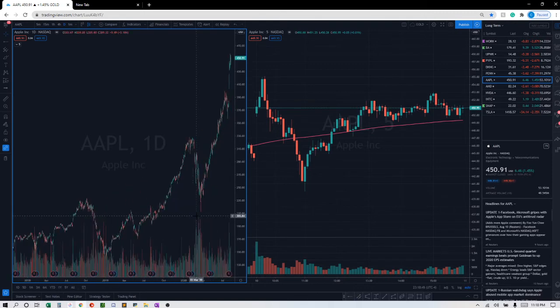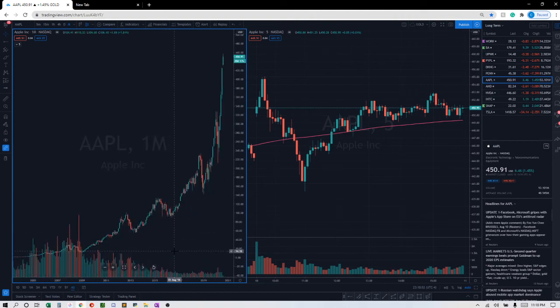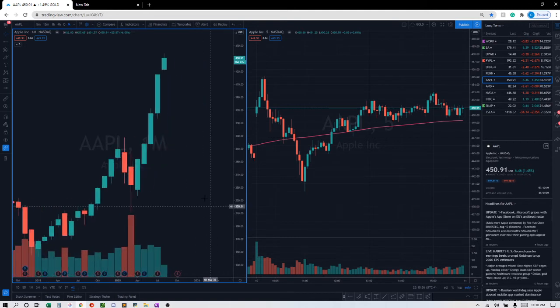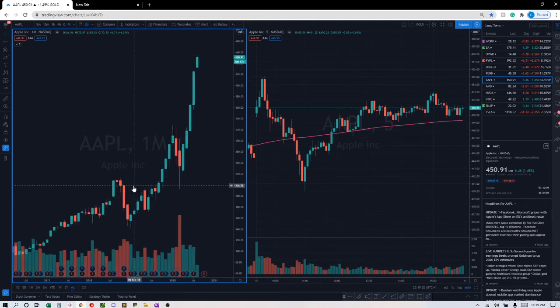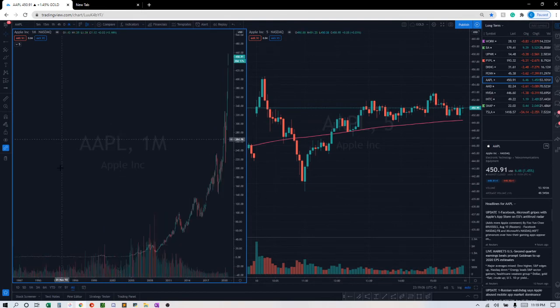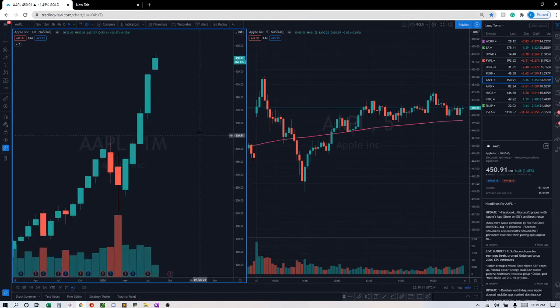On TradingView, we can see it's at all-time highs because they adjust for the stock splits. Before Apple's last split, they were at like 600 something before their 7-1 split. But still, however TradingView calculated this, it's the highest it's ever been. And so that's just good to know when entering positions.